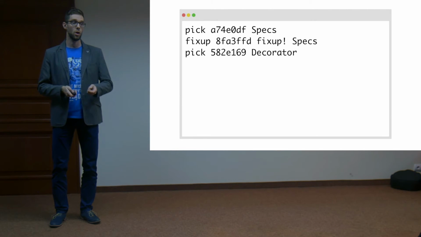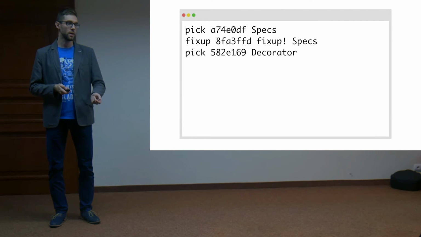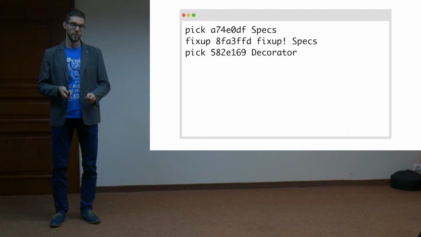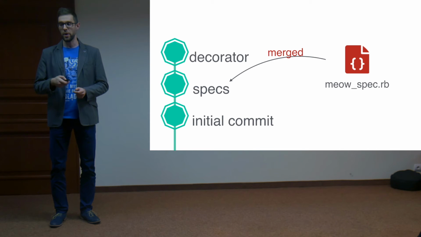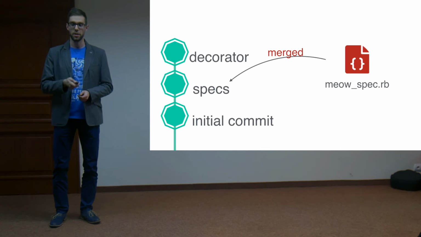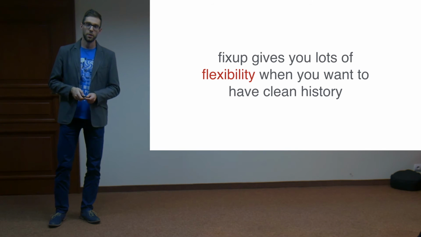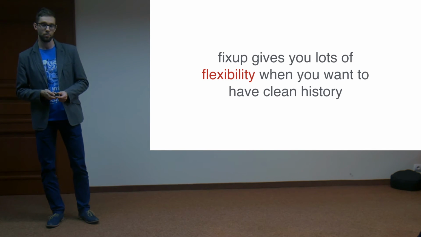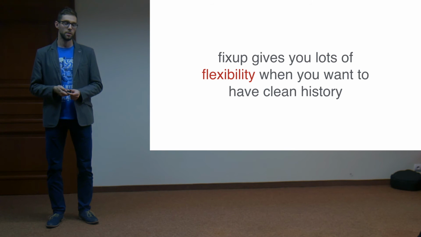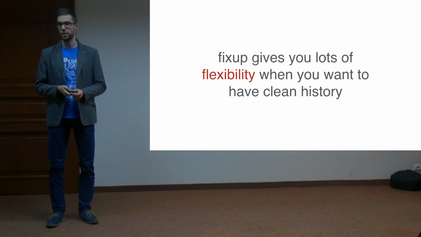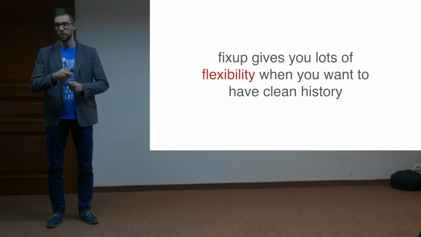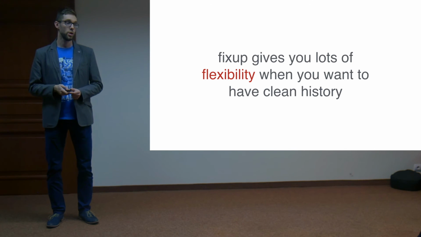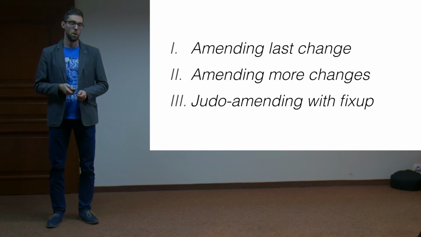The editor will open, and after saving the changes, we will be able to amend the changes with a commit that was not the most recent one. So Fixup gives you lots of flexibility, and sometimes it's faster than, for example, using git rebase interactive and rearranging the changes in the window that will pop up.